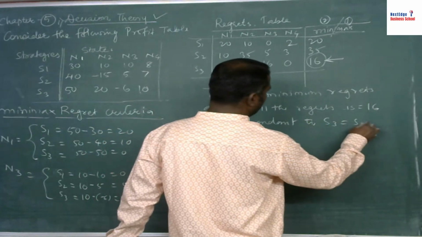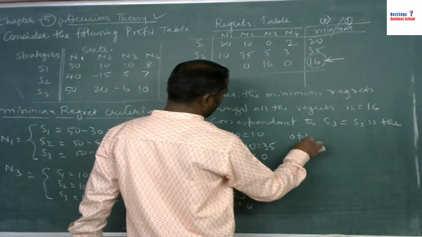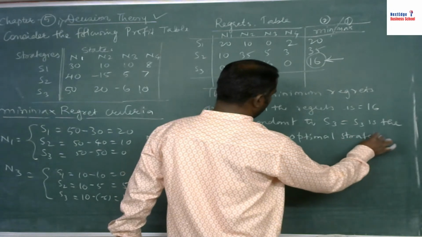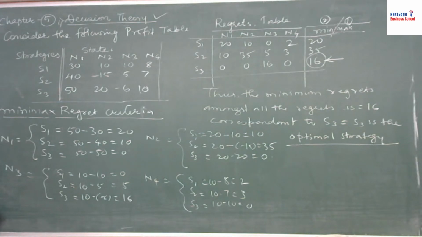So S3 is the optimal strategy, right? S3 is the optimal strategy for minimax regret criteria. I hope you all are understanding what I'm trying to teach you all.